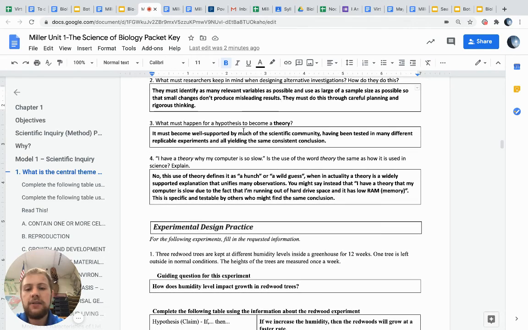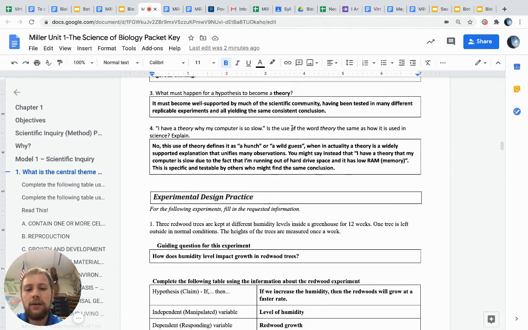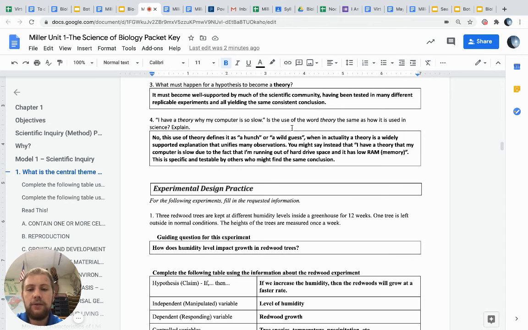All right, what must happen for a hypothesis to become a theory? It has to become well supported by much of our scientific community. And it has to be tested many different times. So the experiment has to be replicated, like Charles Darwin's theory of evolution.